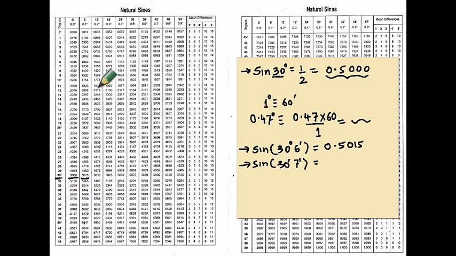So for 30 degrees 6 minutes I first see 0.5015. Now remember, 0.5015 is the sine of 30 degrees 6 minutes, but we want 30 degrees 7 minutes.